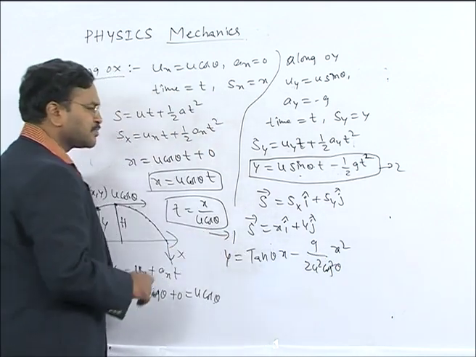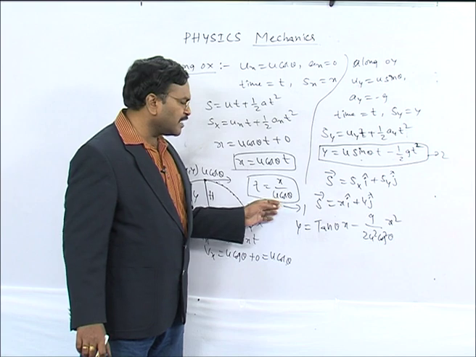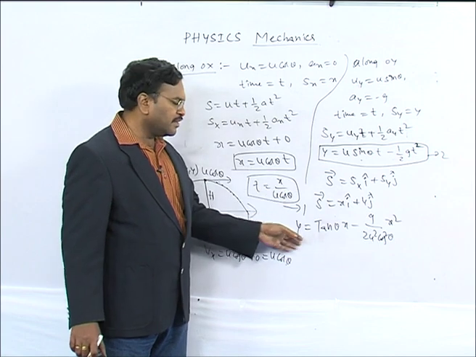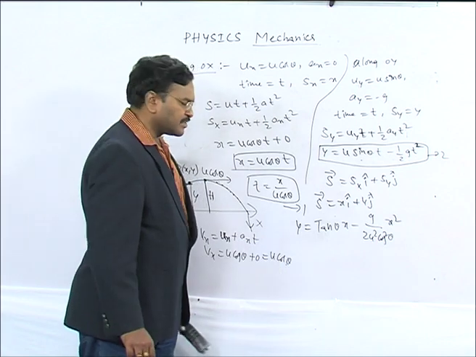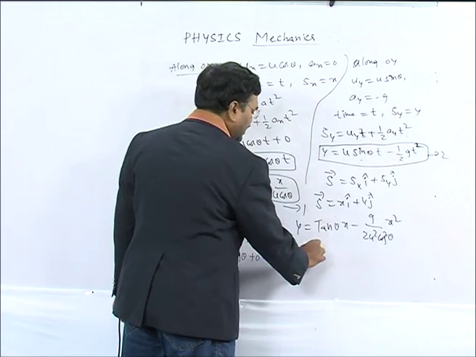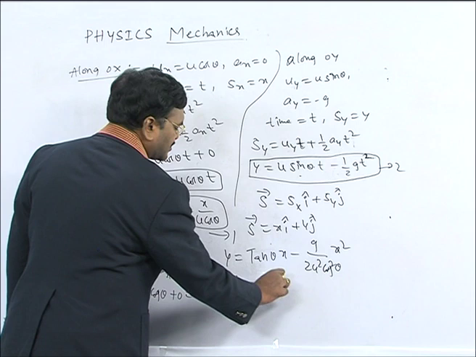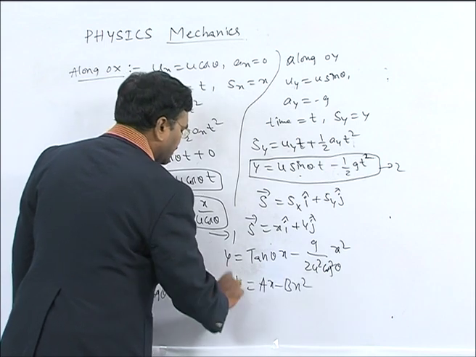Now we write this as y is equal to ax minus bx square.